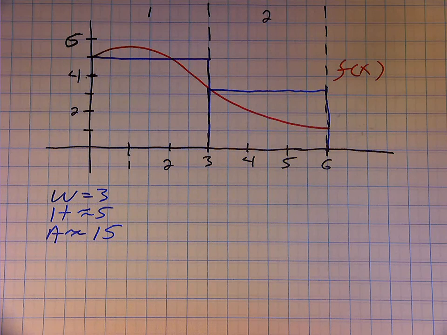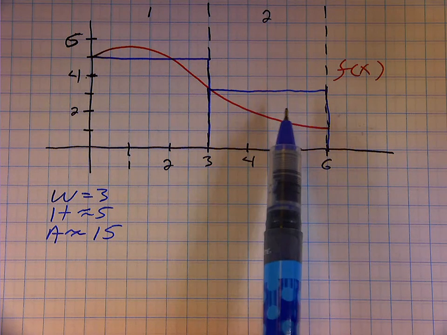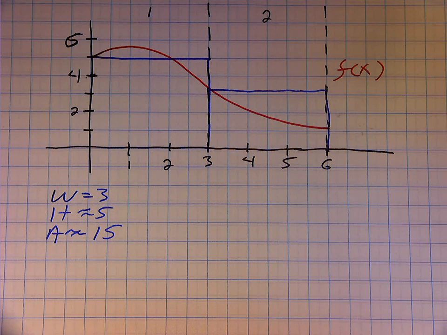And now I have all 4 sides of my rectangle, noticing that this rectangle number 2 touches the graph on its most left-hand side, the top of the rectangle. The top of the rectangle touches the graph on the left-hand side.